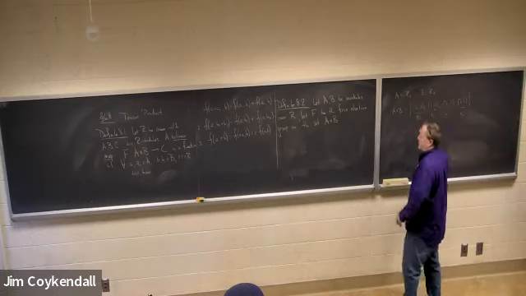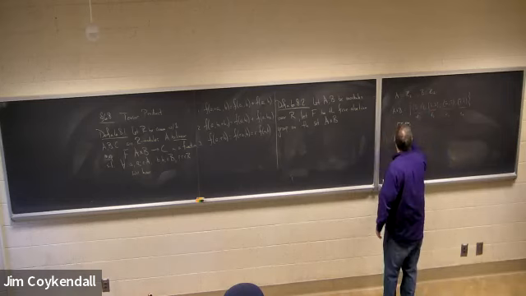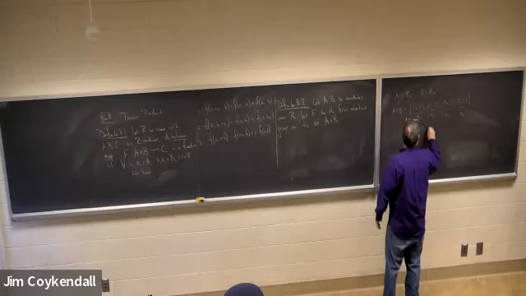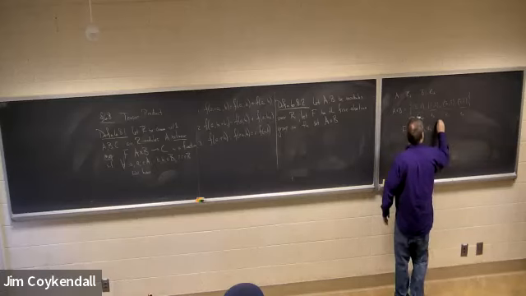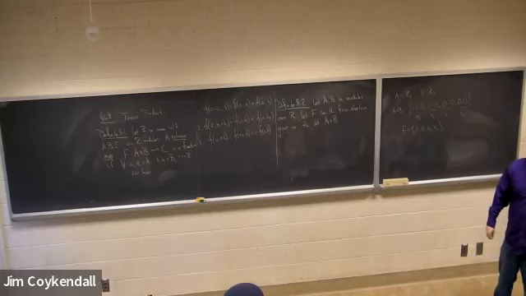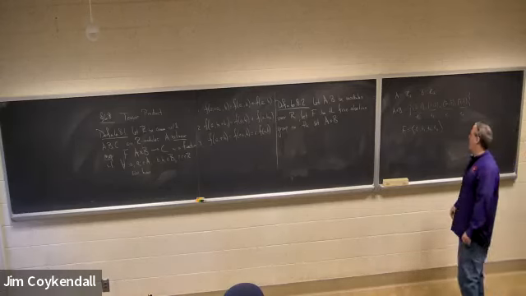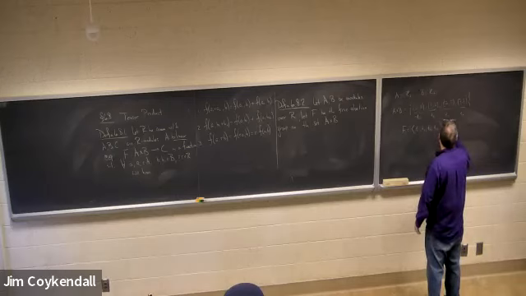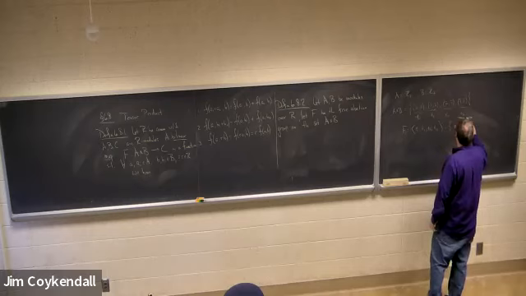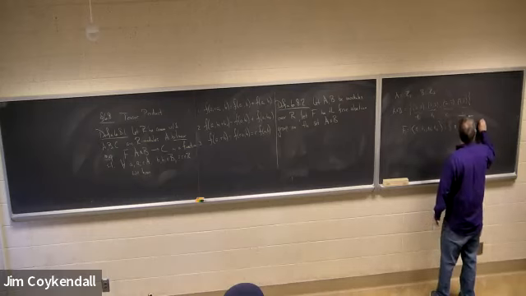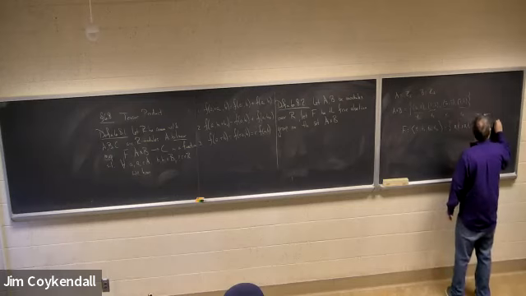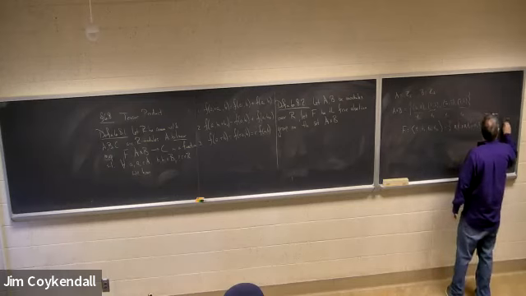In this case, by the definition, F is the free abelian group on T1, T2, T3, T4, where these are completely independent symbols. So a typical element of F looks like N1T1 plus N2T2 plus N3T3 plus N4T4, where the Ni are integers.